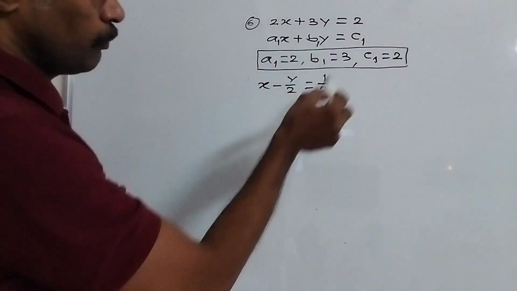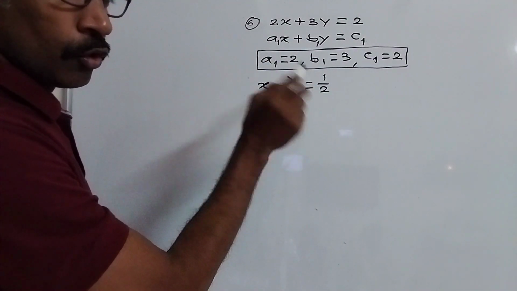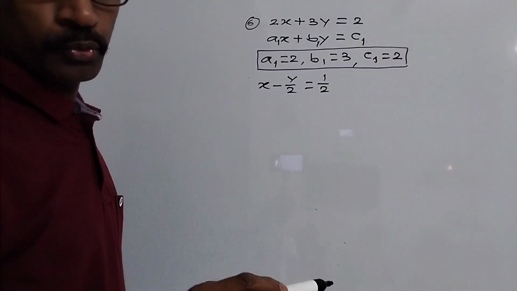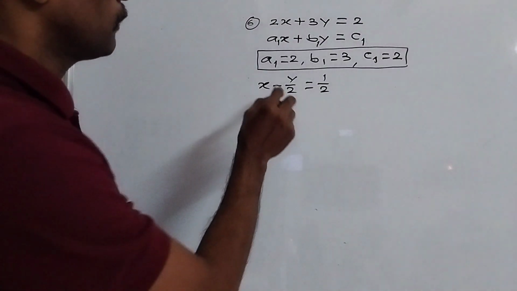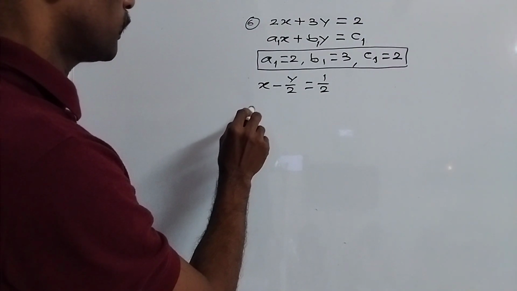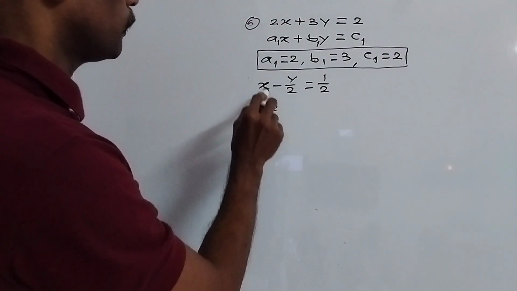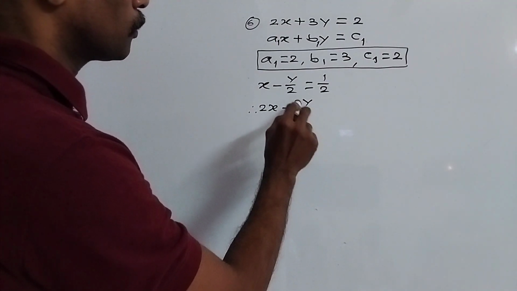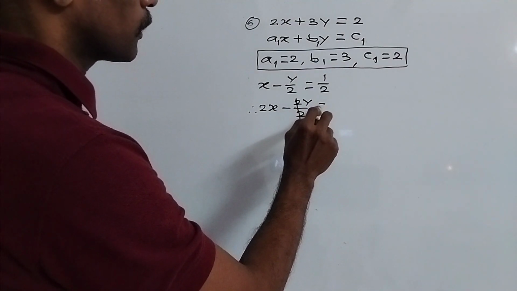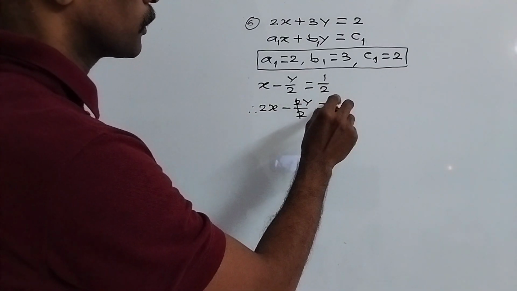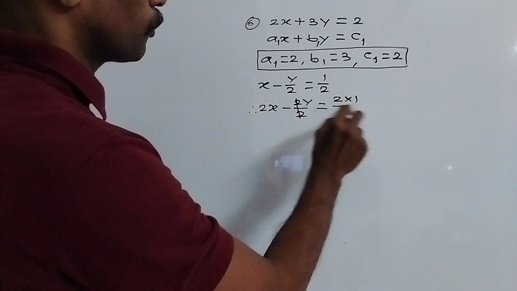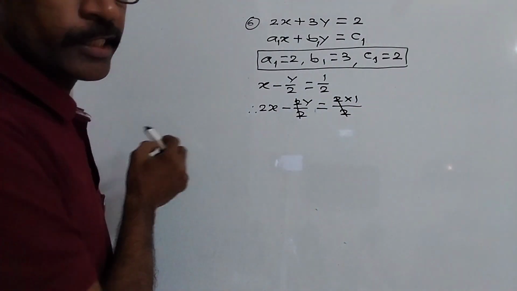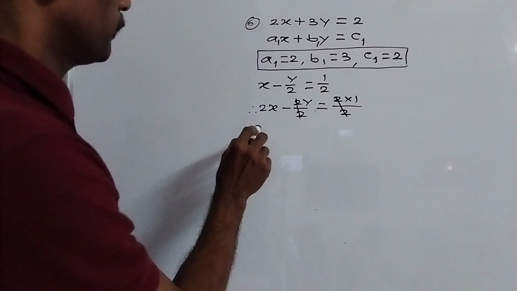Now we multiply both sides by 2, then it becomes very easy. Multiplying both sides by 2: therefore 2 into x minus y upon 2 is equal to 2 into 1 upon 2, and we make the linear equation in the proper way.